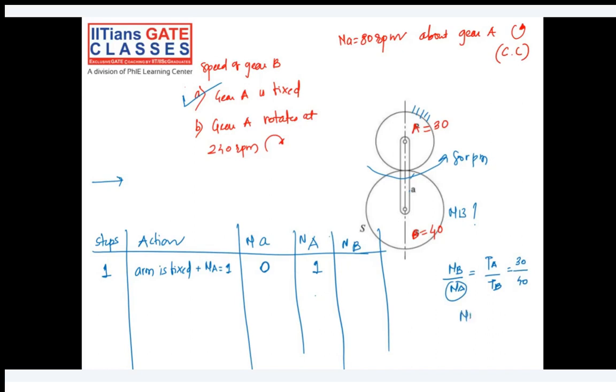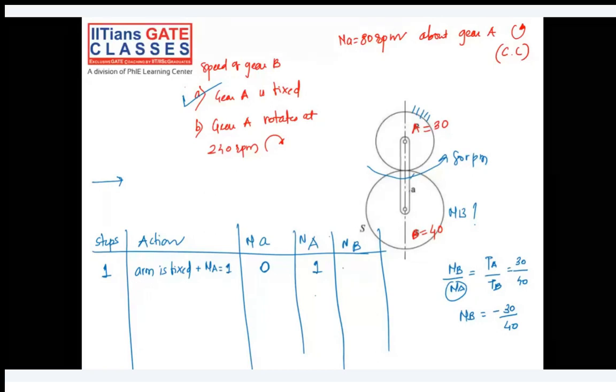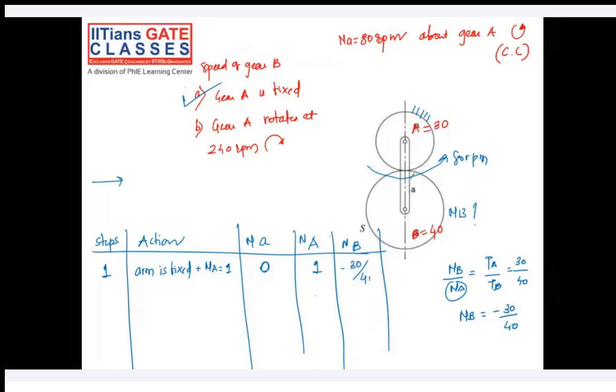But you can also see that if gear A rotates in a counterclockwise direction, B will rotate in clockwise direction. Whatever is the speed of the first gear, the speed of gear B will be opposite of it. So I should write it as minus 30 by 40. Is it clear till this? If you have any doubt, feel free to ask.